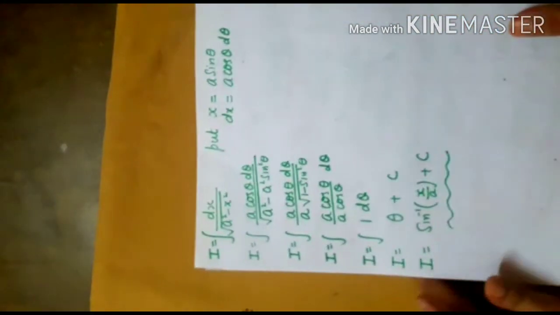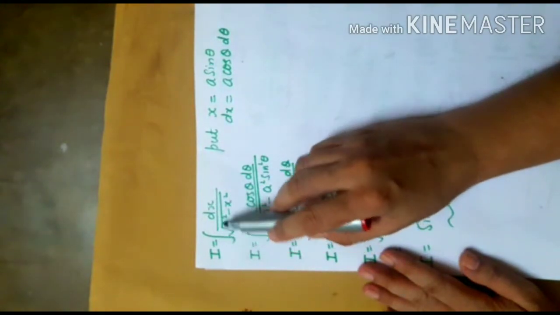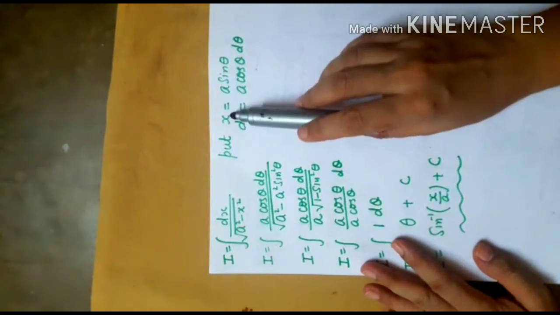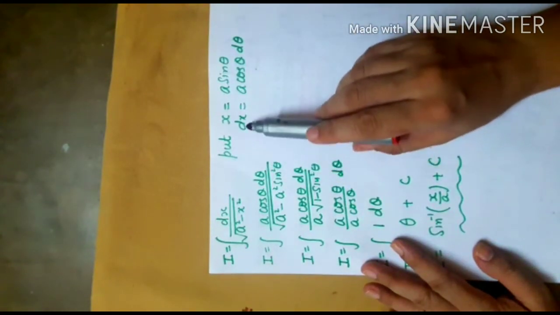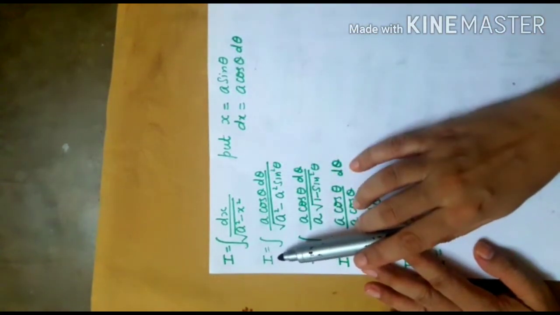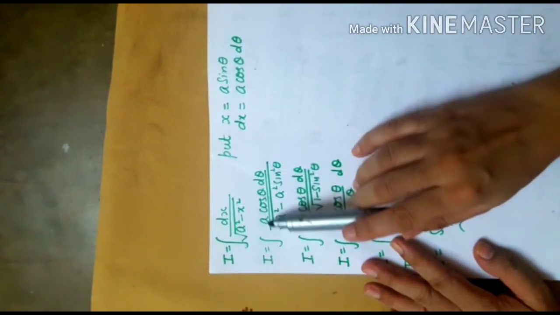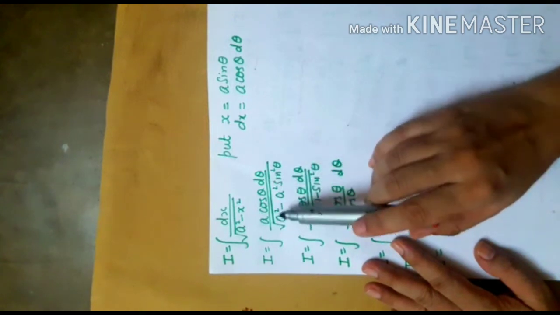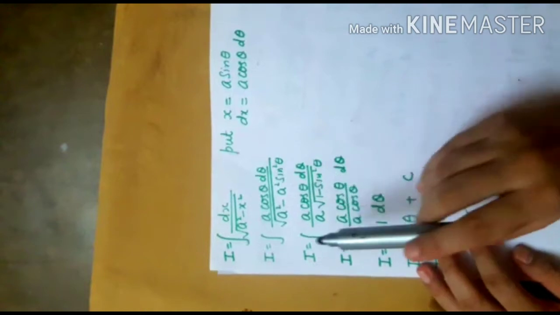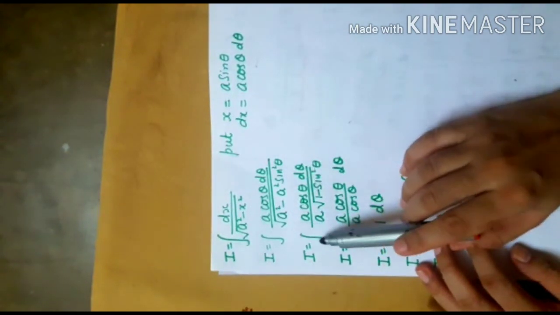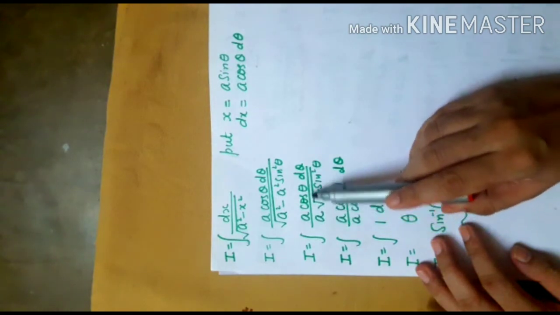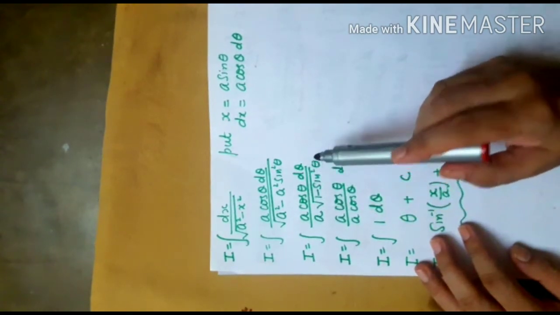Now we will discuss the form integral dx over square root of a square minus x square. Yes, here I'll put x equals a sin theta. So I'll get dx equals a cos theta d theta. So integral will become a cos theta d theta whole divided by square root of a square minus a square sin square theta, which on simplification will give you integral a cos theta d theta divided by a into square root of 1 minus sin square theta.